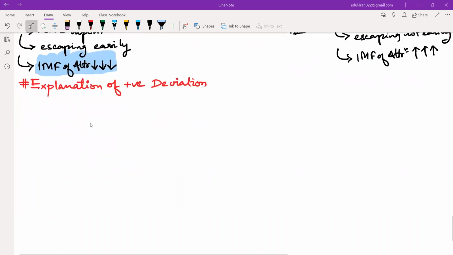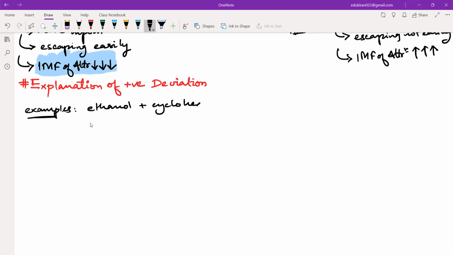Now, let us look at the explanation of positive deviation. The example is ethanol plus cyclohexane. Ethanol is C2H5OH, and cyclohexane is C6H12. ये आपका इस तरह का स्ट्रक्चर होता है, right?